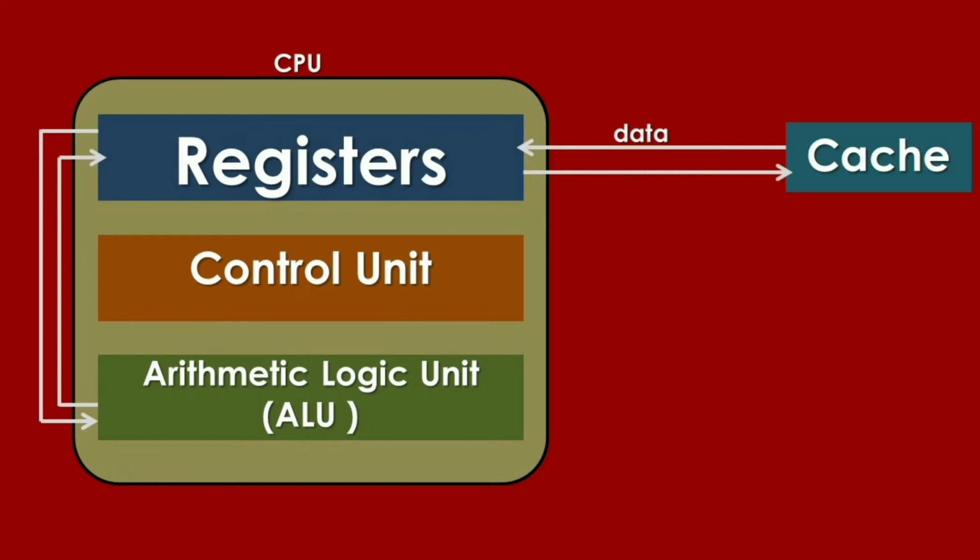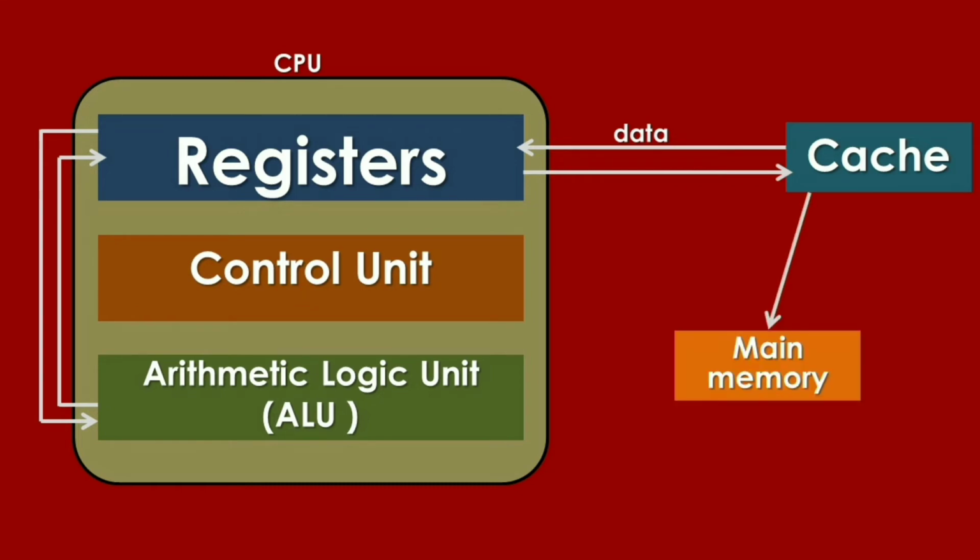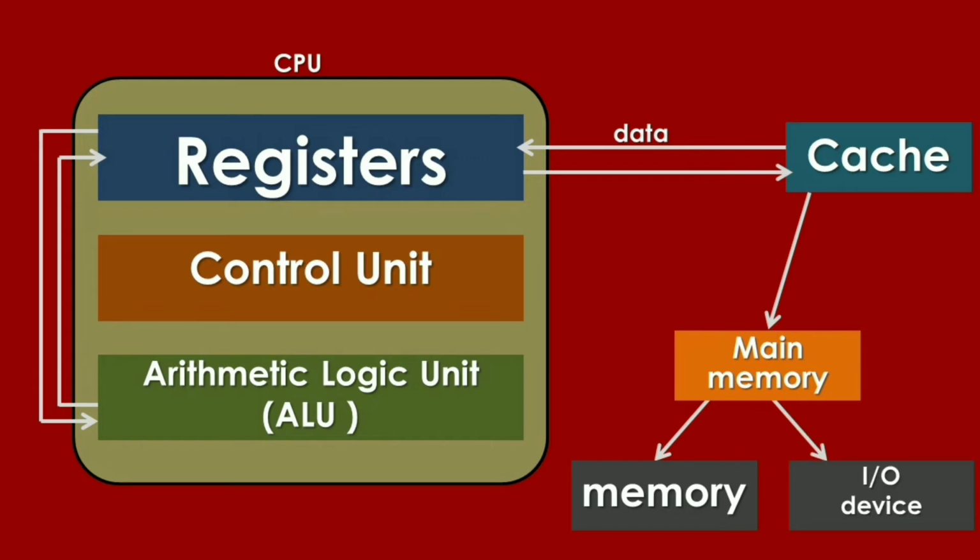Tapos, from the register, it will give to the cache. From the cache, idadala niya yan sa main memory. And dun sa main memory, pwedeng save dun sa secondary memory or it will be displayed on the input-output devices. So, ganun yung transfer ng data dun sa CPU.